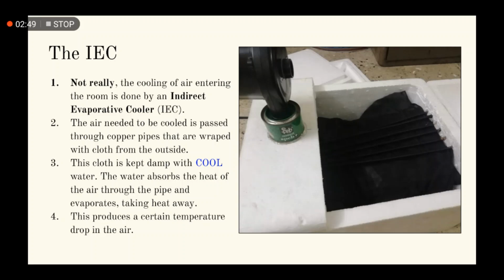Now this cloth is kept damp with cool water. The water absorbs the heat of the air through the pipe and then evaporates, taking away the heat. This produces a certain temperature drop in the air that is entering the room. So the indirect evaporative cooler will reduce up to 40% of the cooling load of the entire system, which is very important.